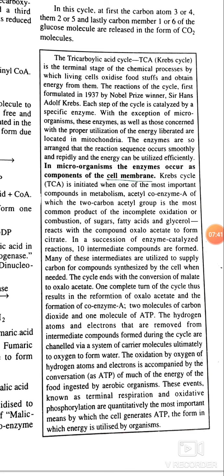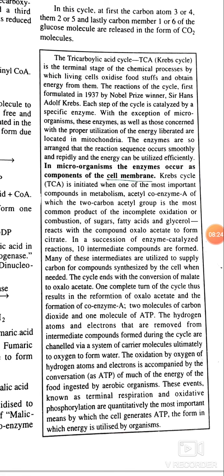In microorganisms, the enzymes occur as components of the cell membrane. The Krebs cycle is initiated when one of the most important compounds in metabolism, acetyl coenzyme A, of which the 2-carbon acetyl group is the most common product of the incomplete oxidation or combustion of sugar, fatty acids, and glycerol, reacts with the compound oxaloacetic acid to form citric acid.